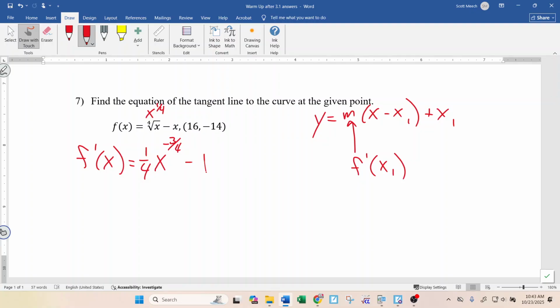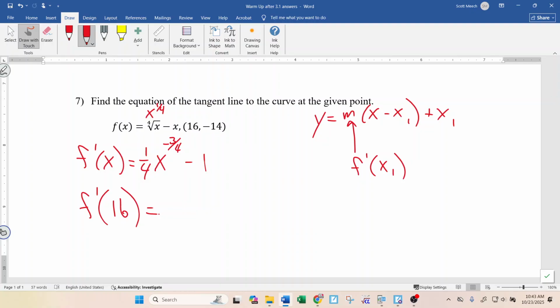So let's pause there. Do we understand how we got the derivative? We bring down the 1/4, we subtract 1, which gives us negative 3/4. Now, to find our slope, we have to figure out what this is equal to when we substitute in 16.